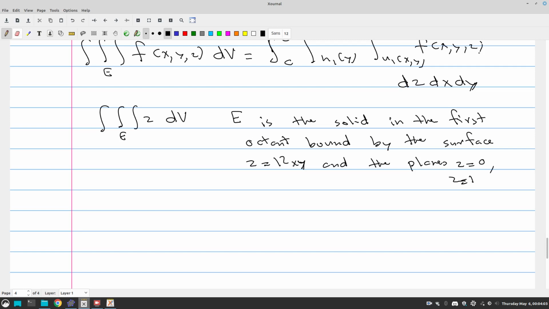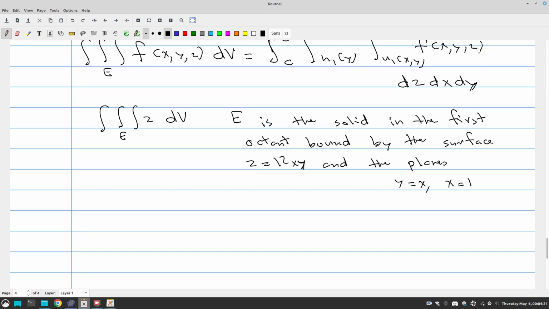Sorry, the planes y is equal to x, and x equal to 1.